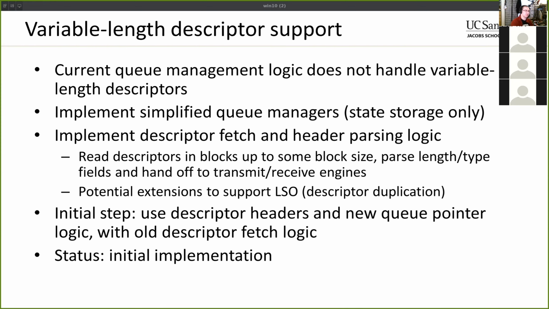So I'm going to update the driver to write out the correct descriptor headers for the variable length descriptors. And then I need to update the queue pointers to operate in terms of blocks instead of in increments of descriptors. So effectively, it'll look like we're using the variable length descriptors from the standpoint of the hardware.